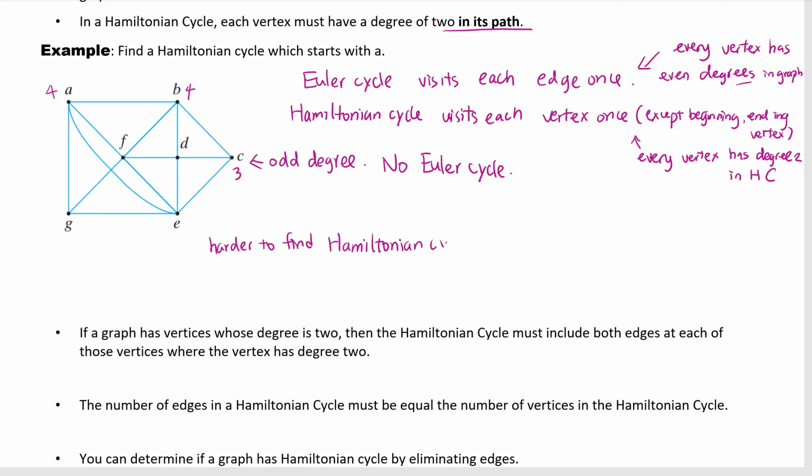For a Hamiltonian cycle, we want to travel to each vertex exactly once.